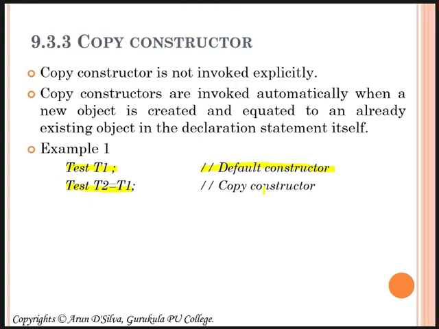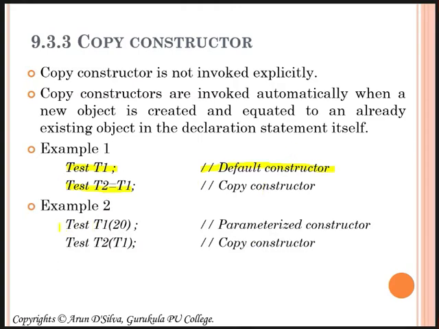Let me show you one more example. Now see here, I have taken t1 of 20. This is also the Test class, and t1 of 20 means I am making use of a parameterized constructor. Now this t1 object is assigned the value 20, and the member data is now holding the value 20. Now I create t2 of t1.